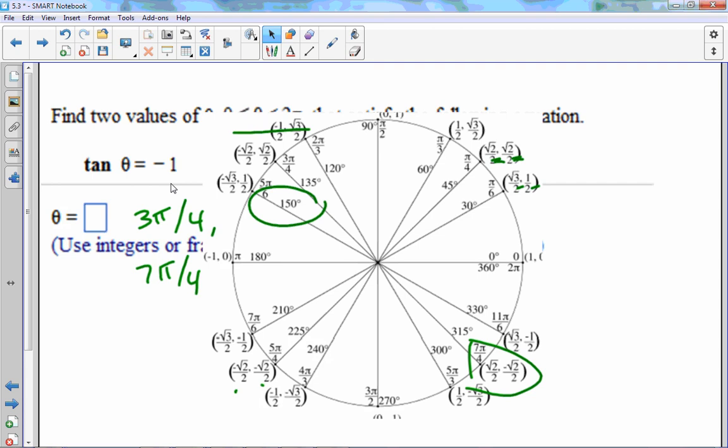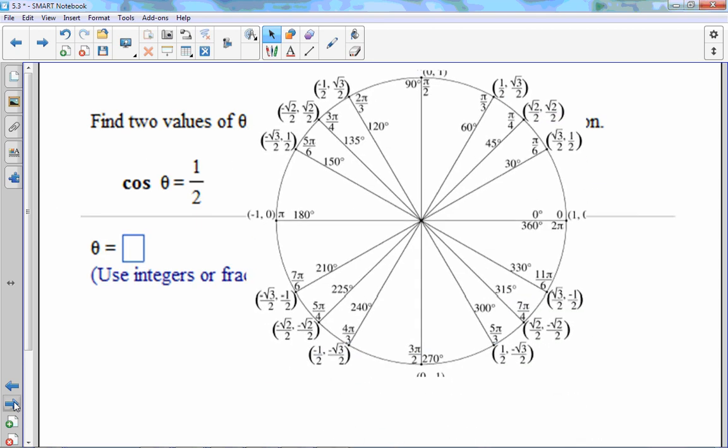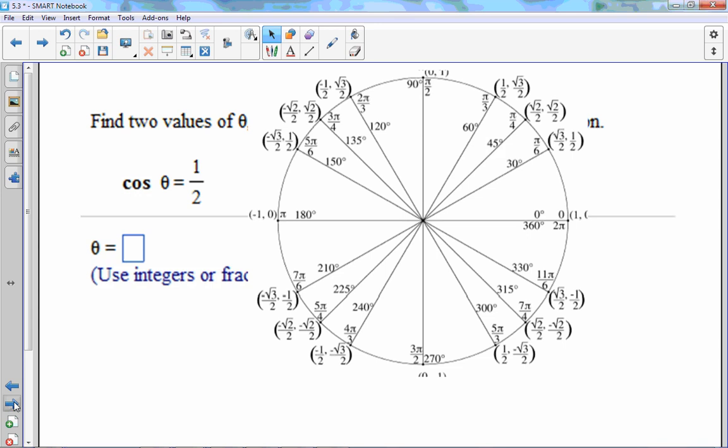So these are the easy ones, because all you're doing is looking up where this value is on the unit circle and what angle it is. This one's actually easier. I probably should have started off with this one. Where is the cosine 1/2? The cosine is the x-coordinate, so I'm going to find the angles where the cosine is 1/2.